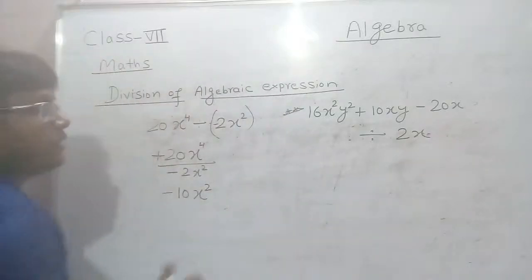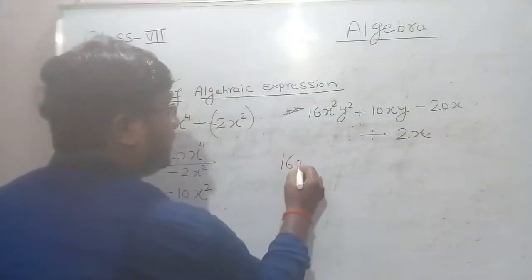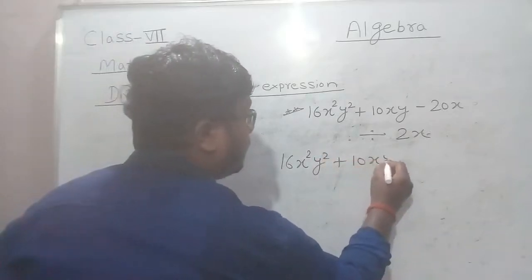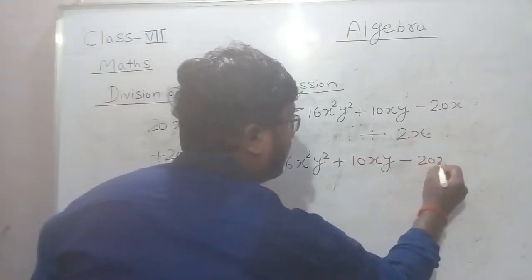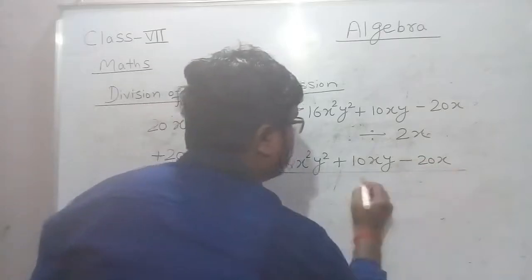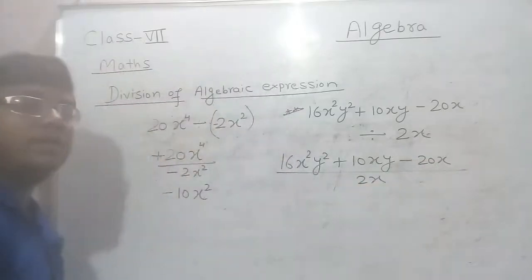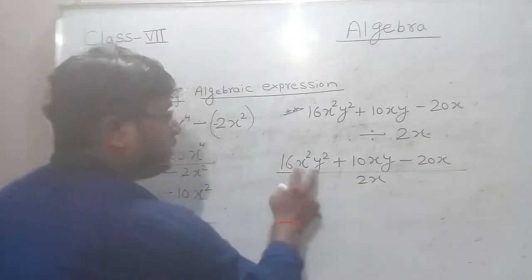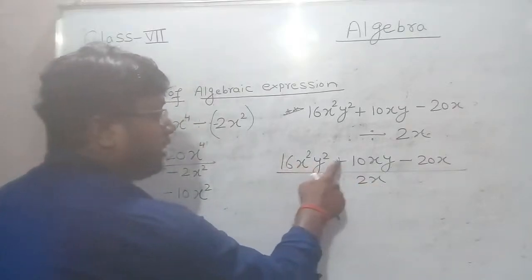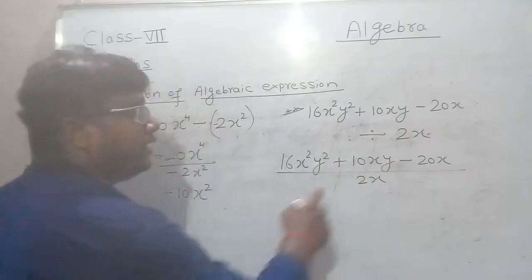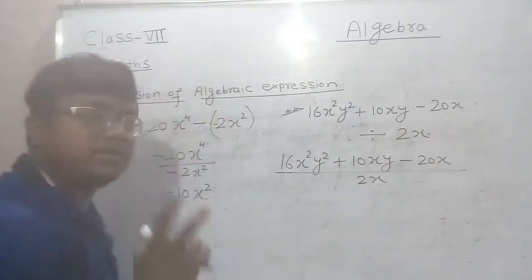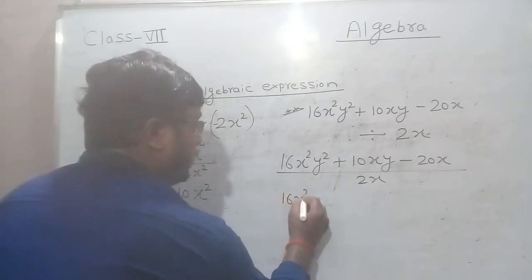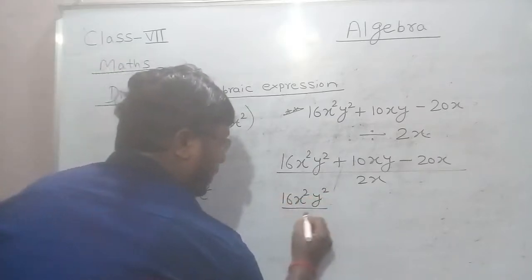Here 2x is dividing 16x square y square, it is also dividing 10xy, and it is also dividing minus 20x. So we will just break it. That is 16x square y square divided by 2x.